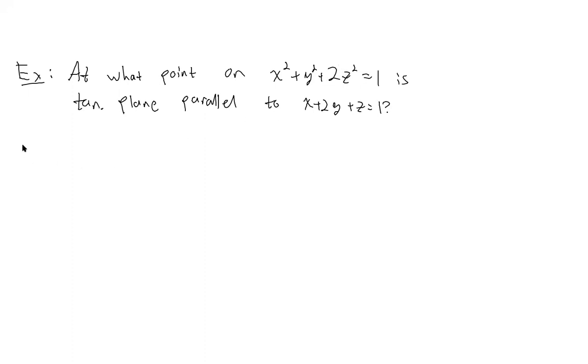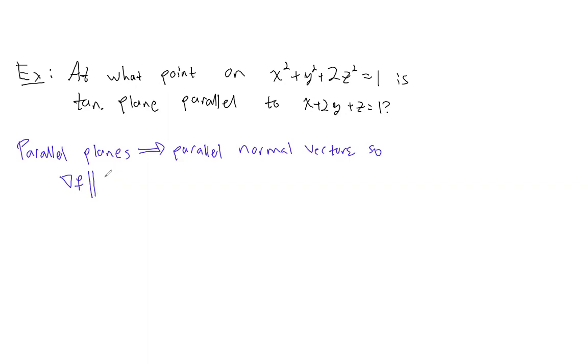The important thing to remember here is what it means for planes to be parallel. If you've got parallel planes, all that means is that their normal vectors are parallel. So that tells us that the gradient of f has to be parallel to the vector 1, 2, 1.